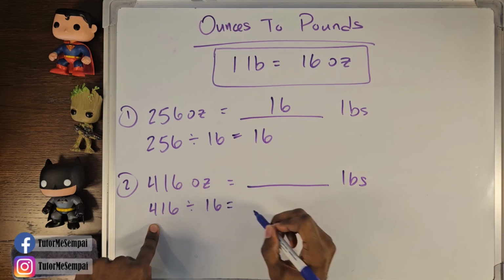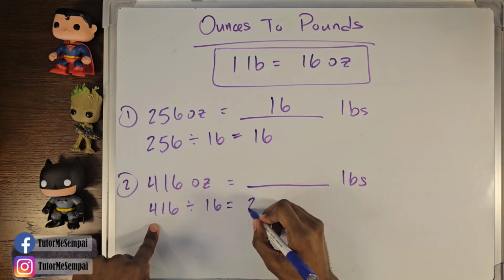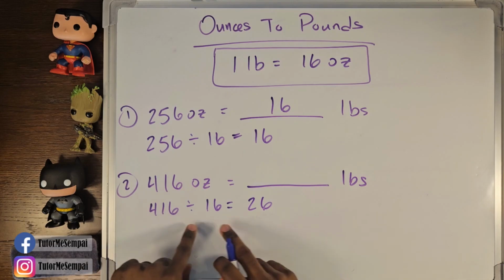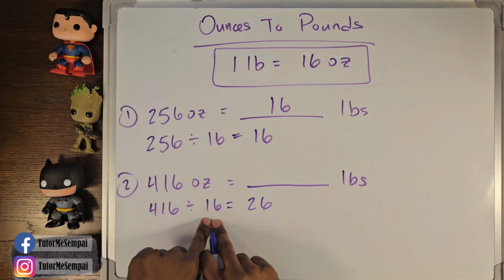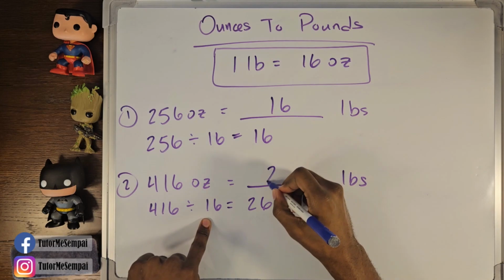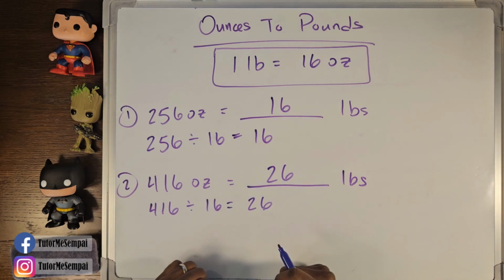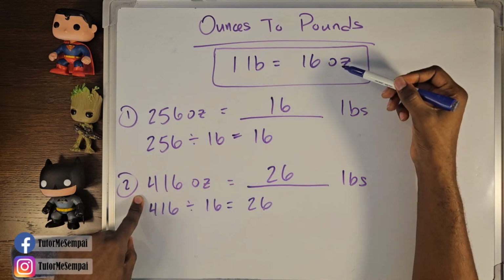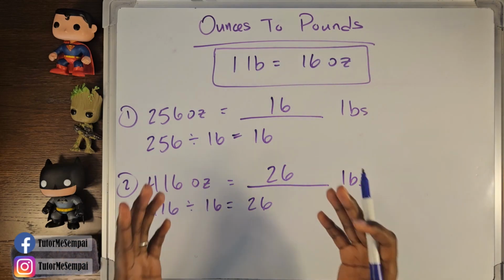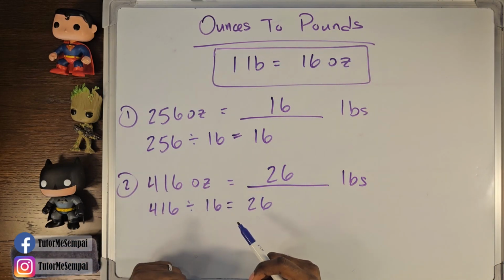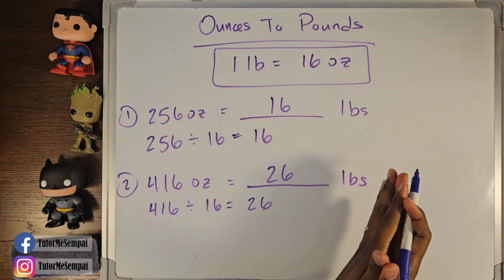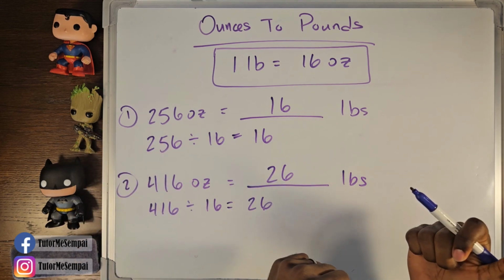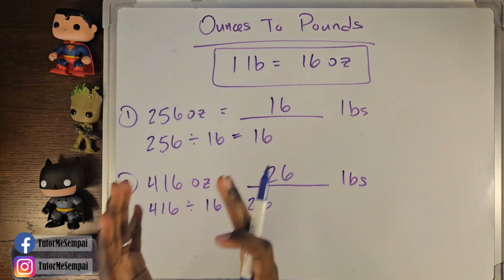So when we do this division, we're going to get what? 26. There's 26 groups of 16, so we have 26 pounds. As you see, all we do is take our total number of ounces divided by our 16 ounces, and that should give us how many pounds we have. So now we've converted from ounces to pounds. Let's go to our next section where we're going to be converting from pounds back to ounces.